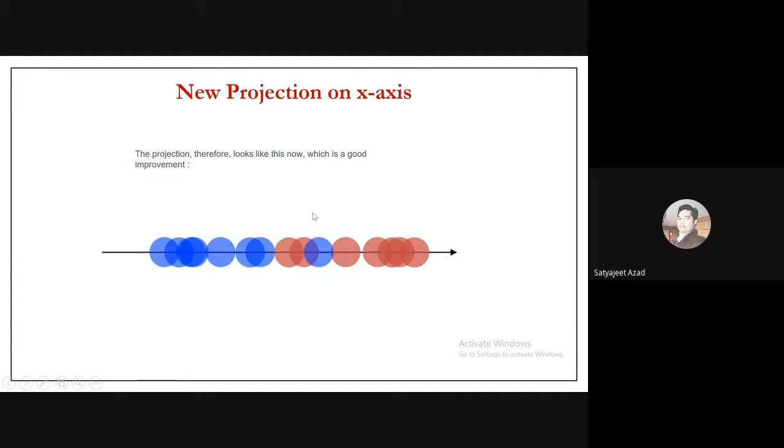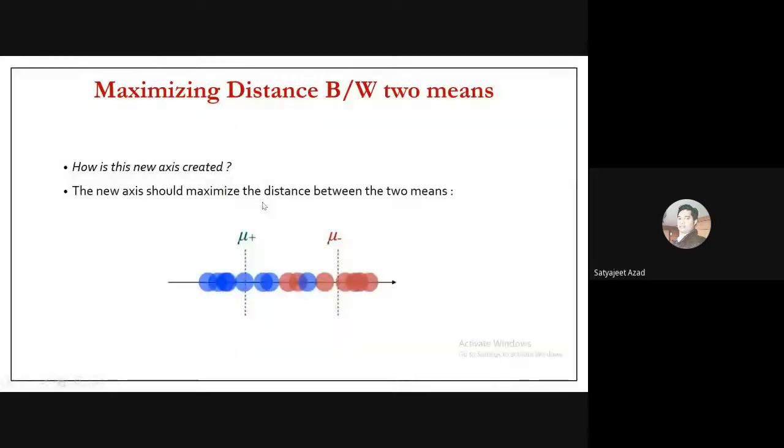And what LDA did is reduce the dimensions. Now it is only one dimension. We can easily interpret what this data point is. Now, how is this new axis created? This is a class mean. The new axis should maximize the distance between the two means.